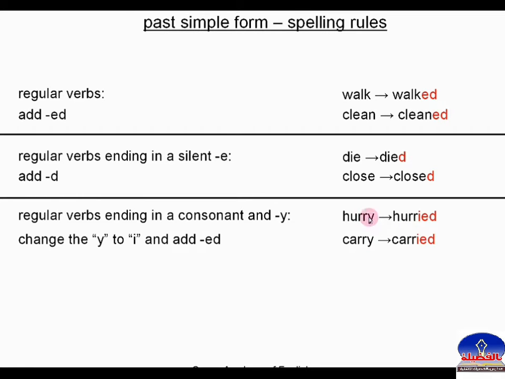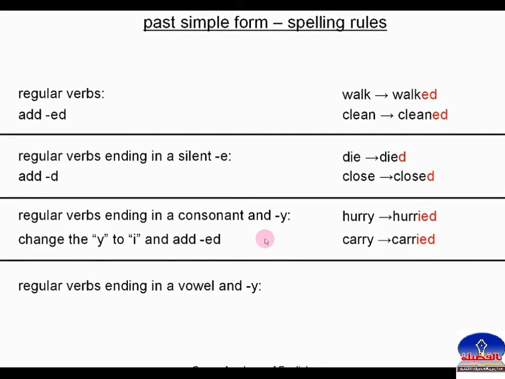So we can see here we remove the letter y and we change it to an i and then we add ed. And for other regular verbs which end in a vowel and then the letter y, we simply add ed. It is just like a regular verb. For example, stay, stayed.